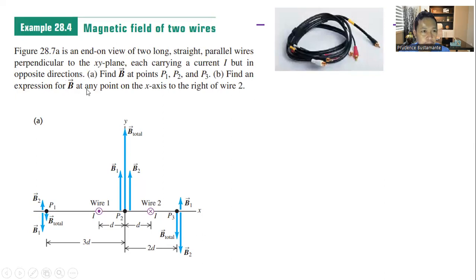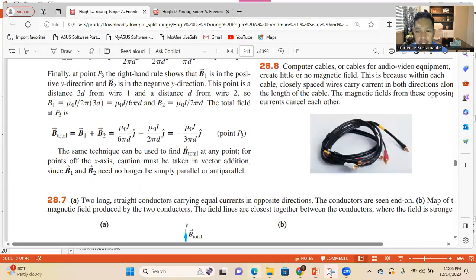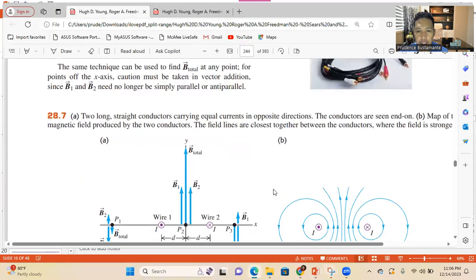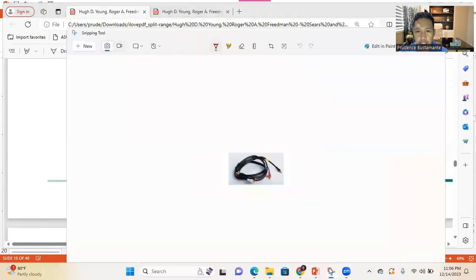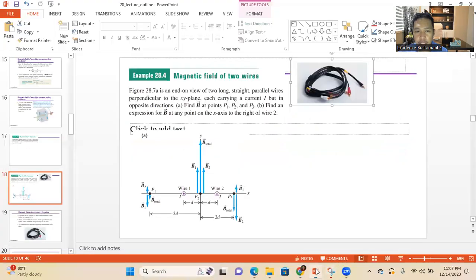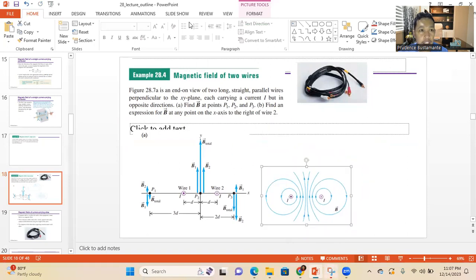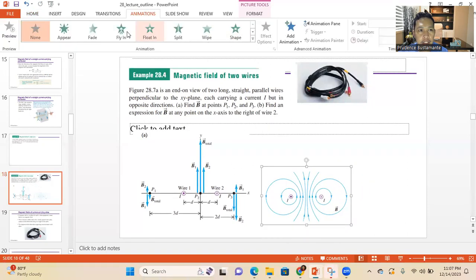Find the expression of B at any point in the axis of wire 2. This is the direction, into the page and out of the page. Let's animate this one.